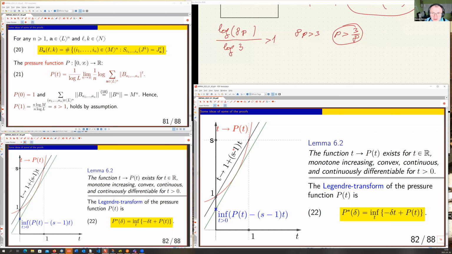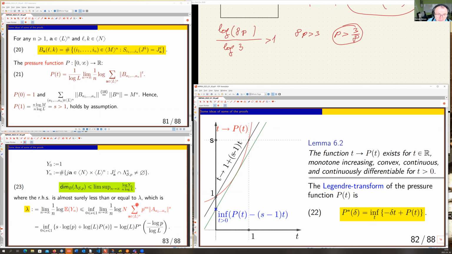And that is a crucial step to prove, and that proof comes from the works of Dae-Jung Feng, Balázs Bárány and Mihály Rams, so that this slope is bigger than 1. So this red curve, this t to P(t) curve, really looks like that. Because then if you take the Legendre transform, and the Legendre transform at s minus 1, the Legendre transform is this point.